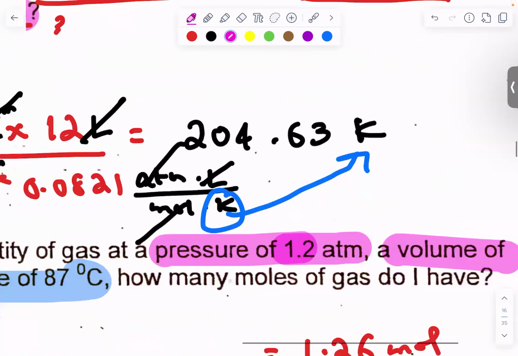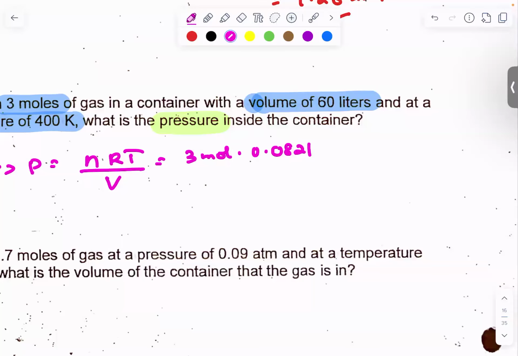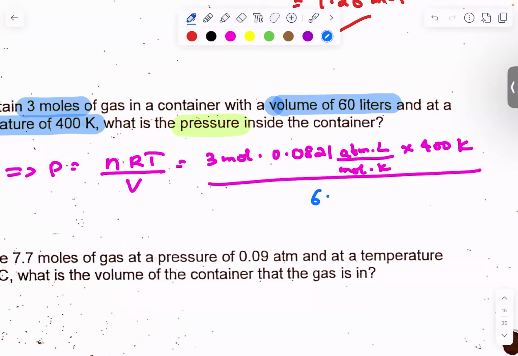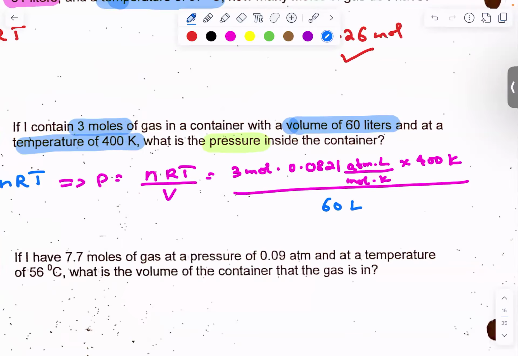So it would be 0.0821 ATM liter over moles times Kelvin times 400 Kelvin divided by 60 liters, which would give us the pressure.